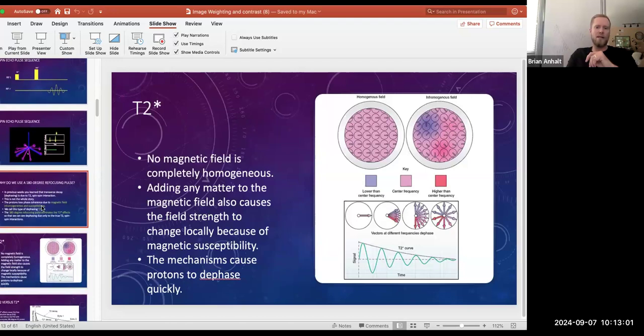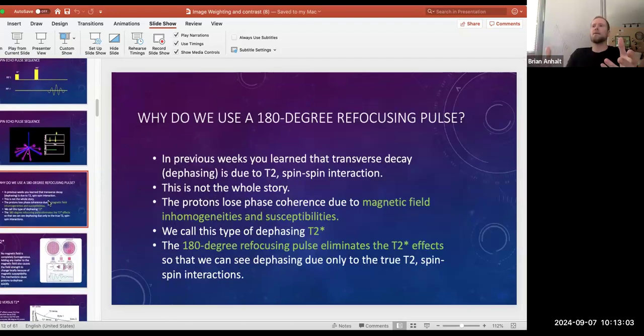Also, by putting tissue into the magnet, it's going to be inhomogeneous as well. It's going to create a susceptibility which makes it not even anymore, right? So, in theory, we would love to have a perfect 3 Tesla, 1.5 Tesla magnet, but we can't make that perfect. Also, just the fact that there's tissue in there, which we're imaging, creates a susceptibility, which causes even more of an inhomogeneity, right?